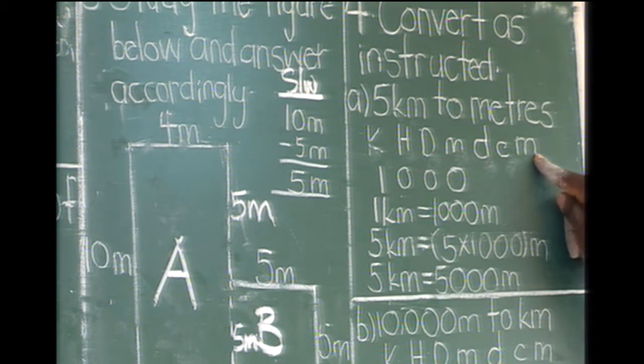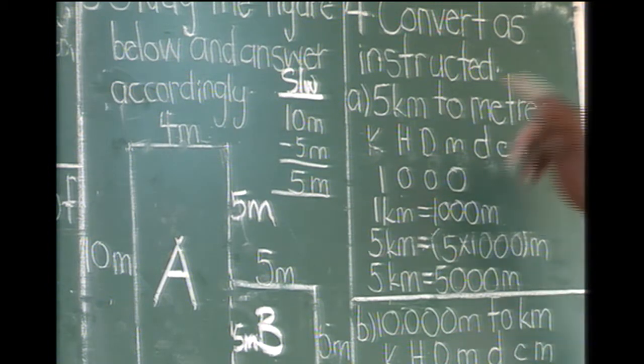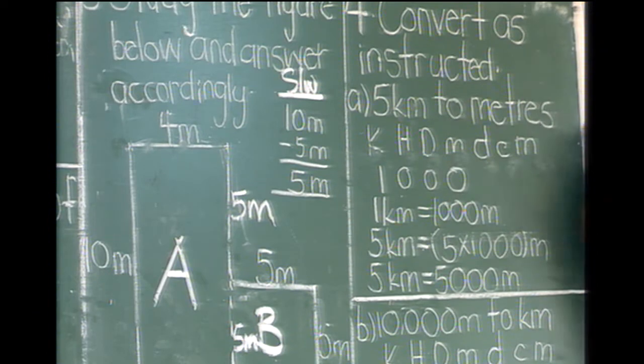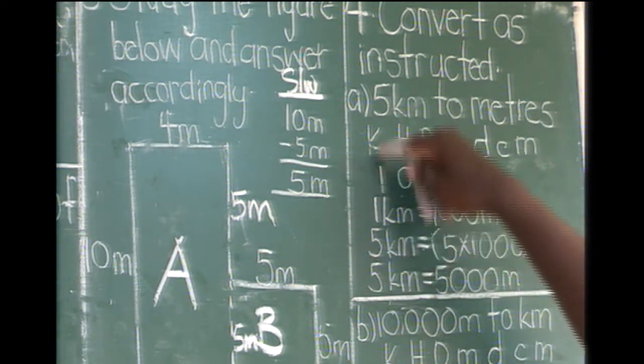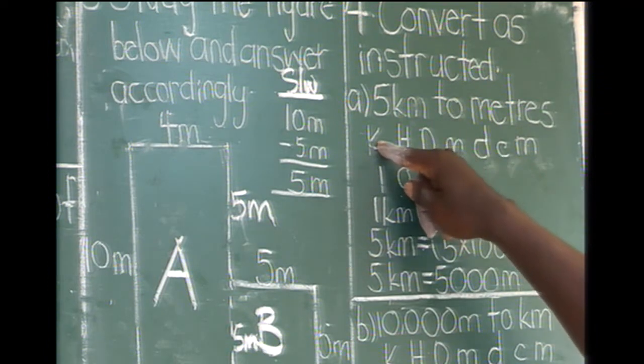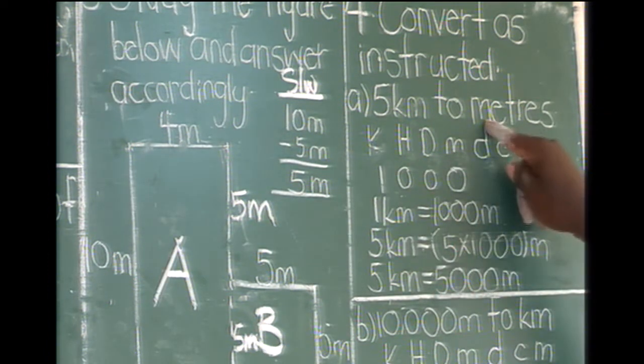Now, having known what they mean in terms of meters, then look at what you are concerned with. So you are normally given two units, one to be converted to the other. Here I've got kilometers to be converted to meters. Therefore, we put a 1 against K, which means kilometer, and write zeros up to where meters are.